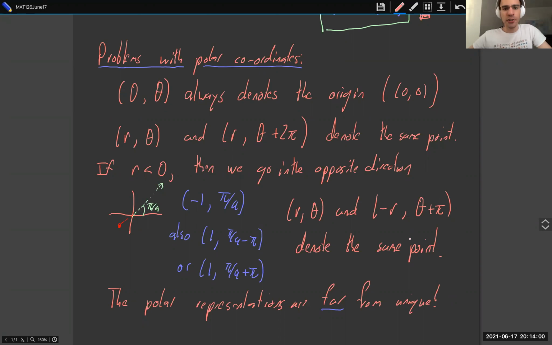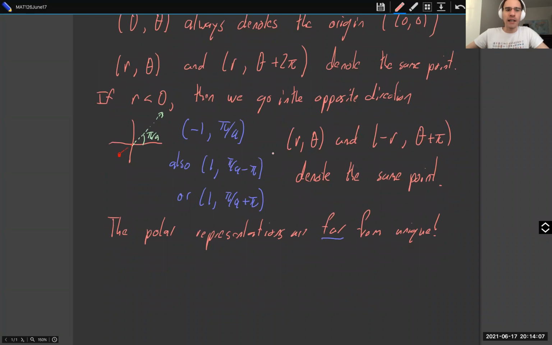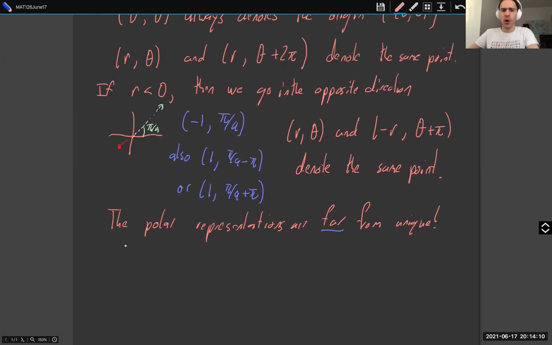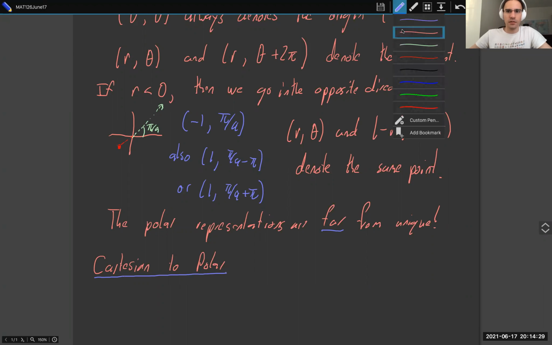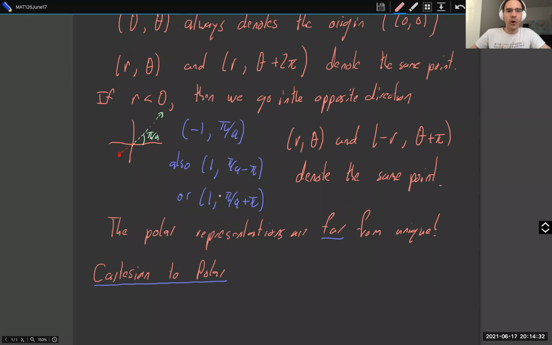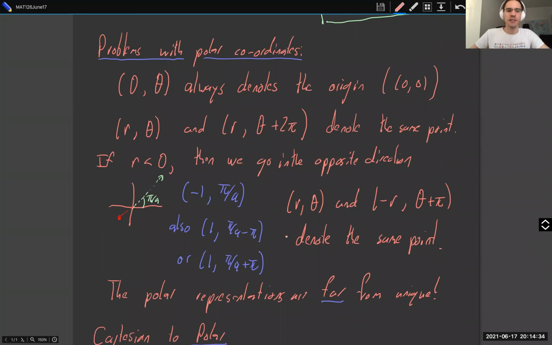But nonetheless, it turns out that working with polar coordinates in a lot of examples is very nice. Before we say how we go from Cartesian to polar, by the way, are there any questions about this?